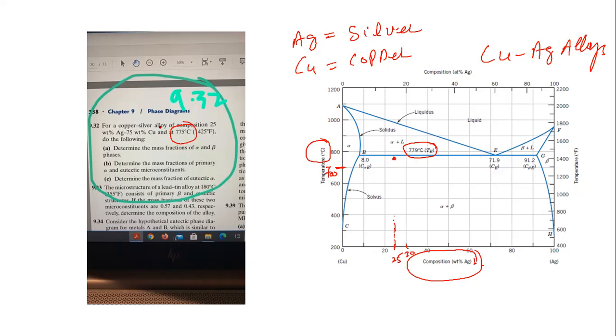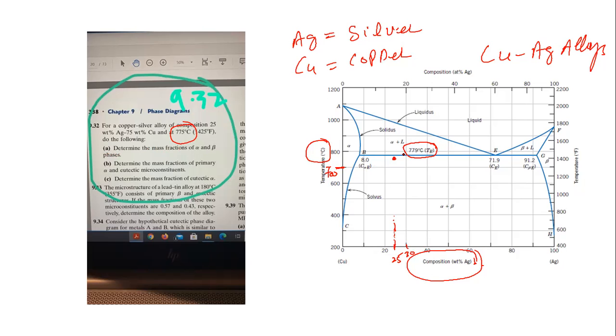First of all, when you are given the temperature and the composition, you should be able to look at this point and then look at the phase diagram. Now it says determine the mass fraction of alpha and beta.